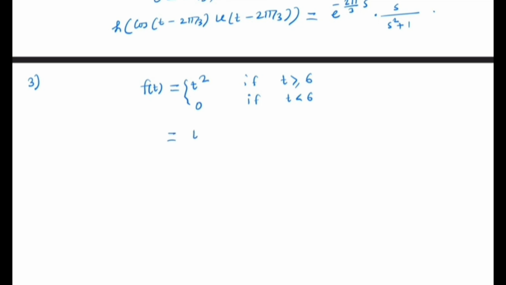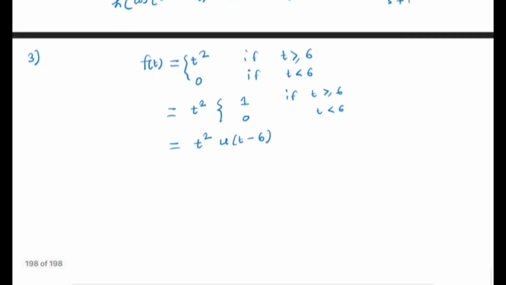So we can write this function as t square times 1 if t is greater than or equal to 6, 0 if t is less than 6. So we have t square times u of t minus 6. Here we use the second form of the second shifting theorem.